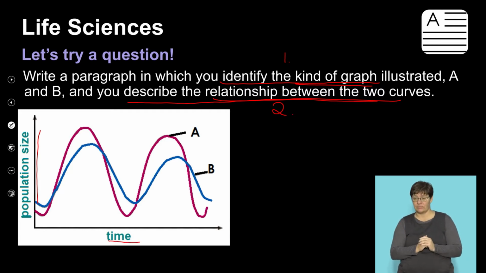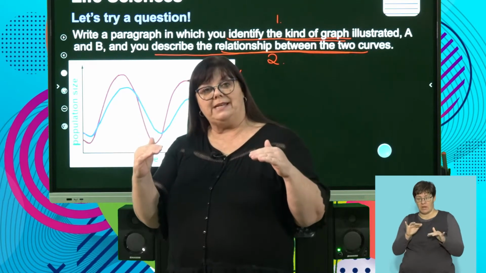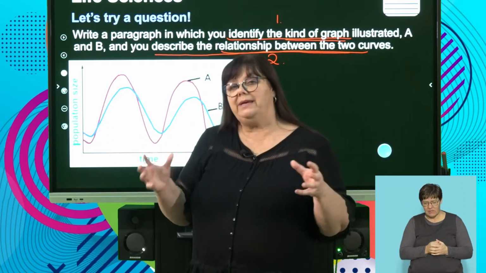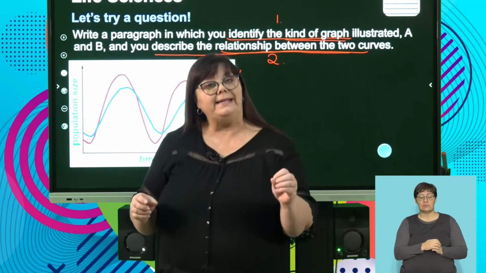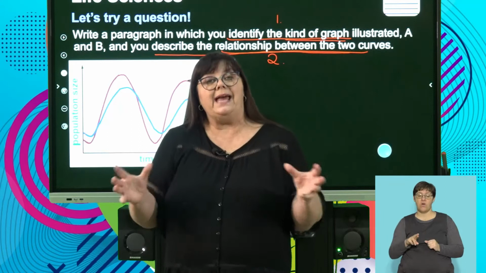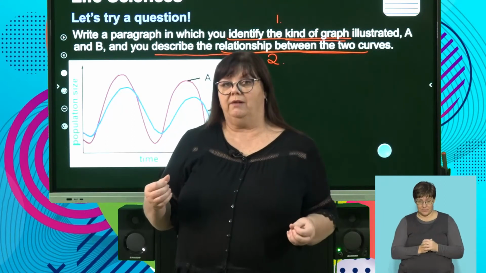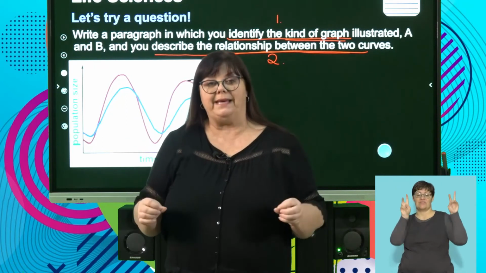And we can see that our two graphs are following more or less the same pattern, but one graph is slightly delayed and the population size is lower than the other graph. What do we have here? What we're looking at is a predator-prey interaction or a predator-prey relationship graph. And that must be part of our topic sentence.